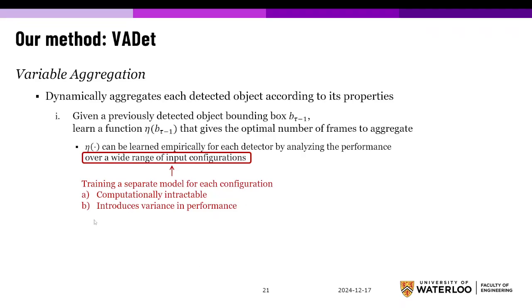Additionally, like I mentioned before, even if you use the same architecture, different training runs and different initialization could result in slight variation in the trade-off curve and in the performance. And those are the two main challenges with regard to how we want to construct the eta function.